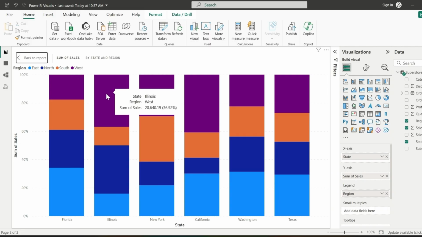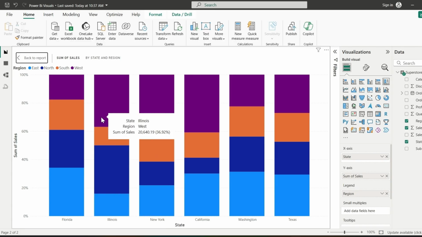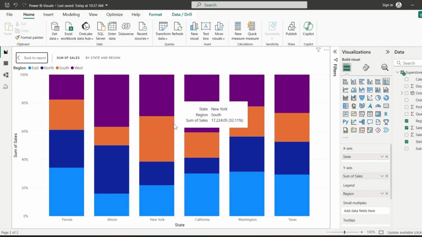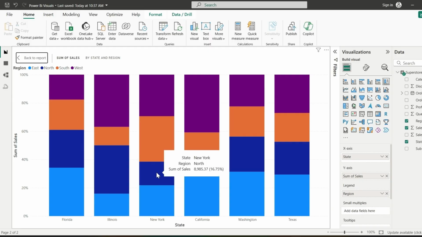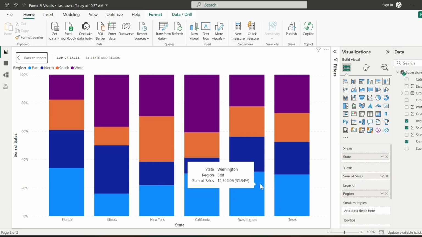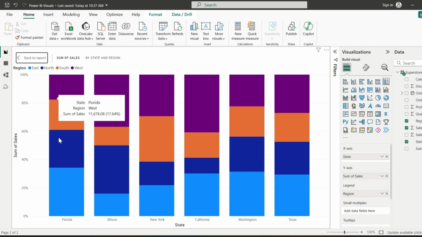We can see these two states having more sales from the West region, because we can easily compare this 100% distribution. It also answers questions like which state has a balanced distribution, which has equal distribution from each region. So this visual removes revenue bias completely. It is perfect when you care about structure but not size. So 100% stacked is about distribution.